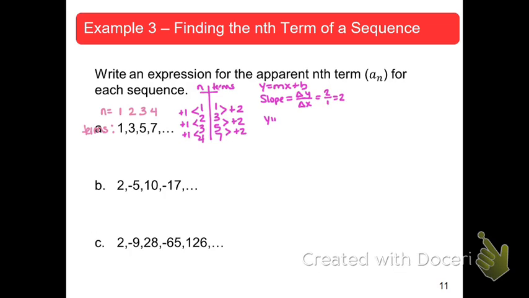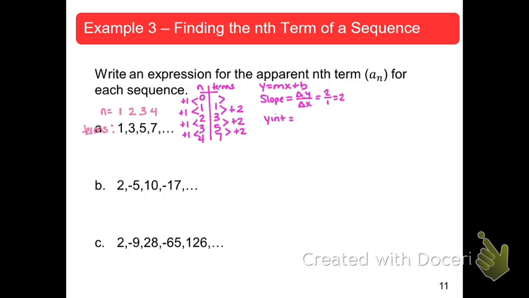And then for my y-intercept, there's a couple different ways we could do it. But one way to do it is let's just back our table up. Remember, the y-intercept is where you cross the y-axis, where x is 0. So I'm going to back my table up here to 0. And so I went back 1, which means I need to go back 1 here.